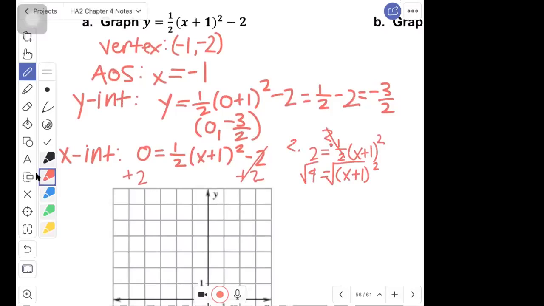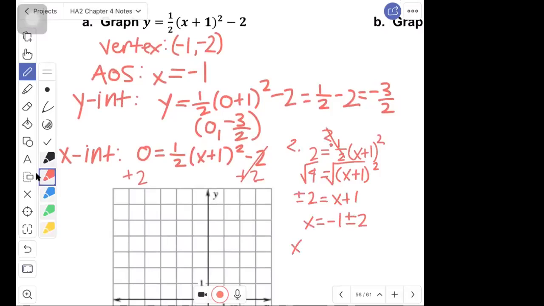Awesome. So we get x + 1 equals plus or minus 2. And we have to subtract that 1. So we get -1 plus or minus 2.